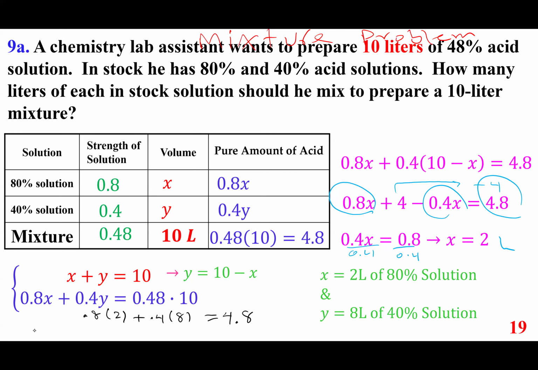And the answer is yes. This is 1.6, this is 3.2, they do add up to 4.8. It checks. So it literally takes a few seconds of your time to check your work. Make sure you always check your work, everybody. I can't emphasize this enough.